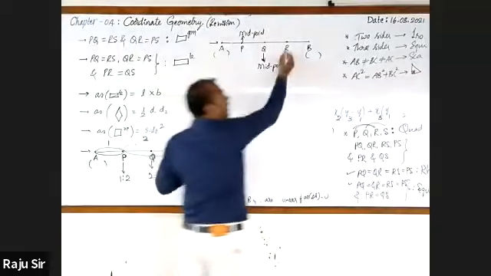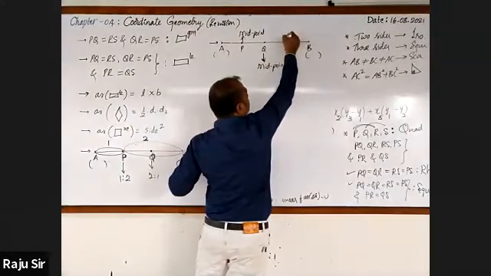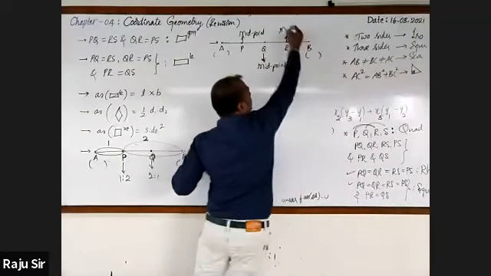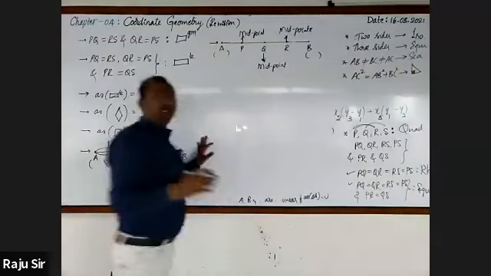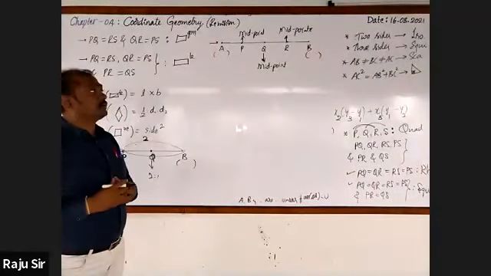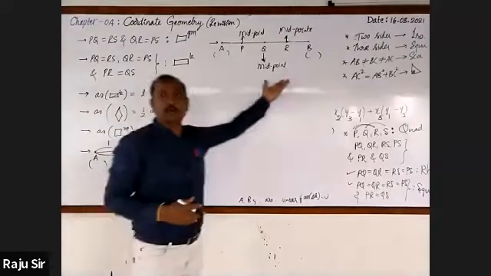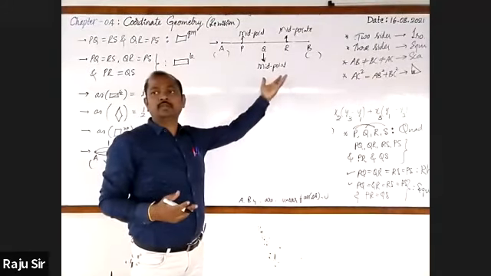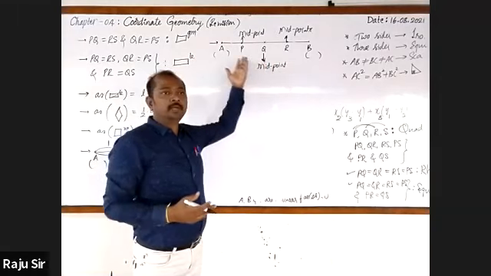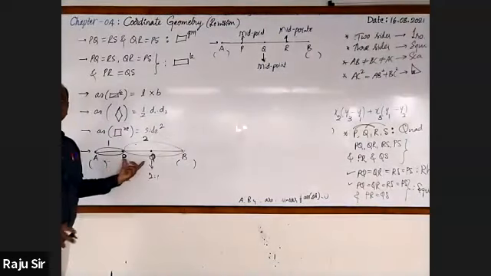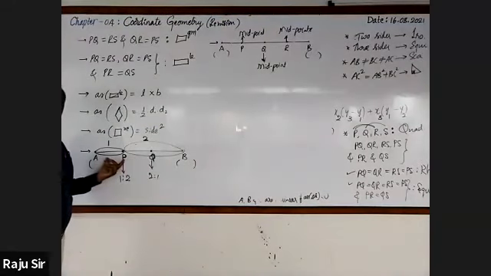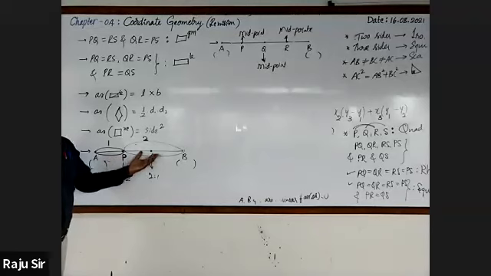Next, R is the midpoint of QB. So to find the coordinates of points of quadrisection, you can just use the midpoint formula only. But for points of trisection, you may use either the section formula or the midpoint formula.